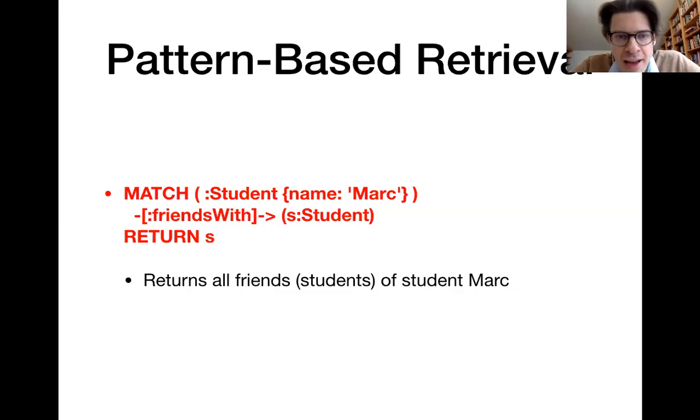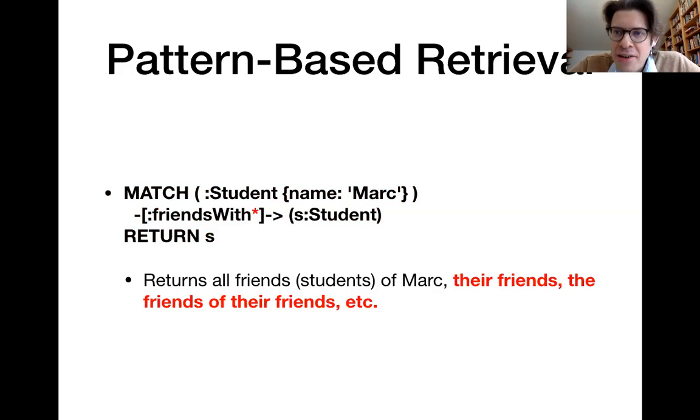So here in this example, we are looking for a student named Mark, who has a friends connection to another student assigned to the variable s. And ultimately, we're interested in s, so we are returning this as the query result. So this query essentially looks for the friends of student Mark.